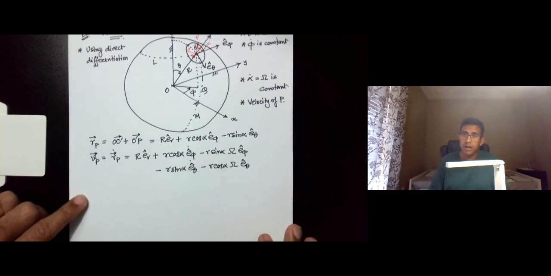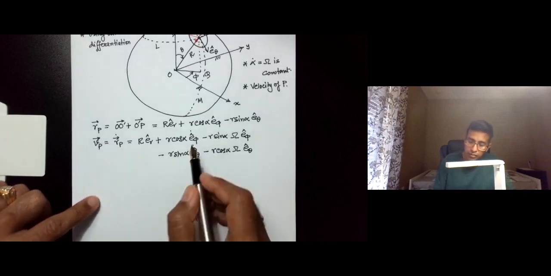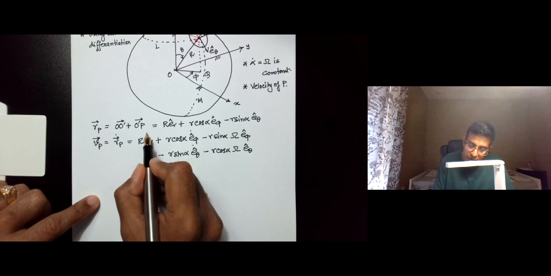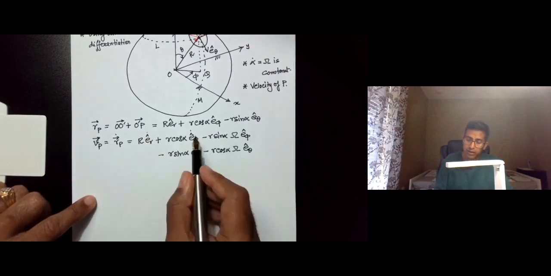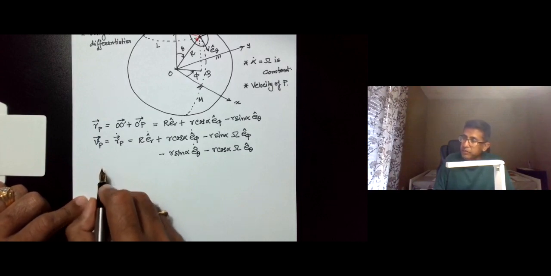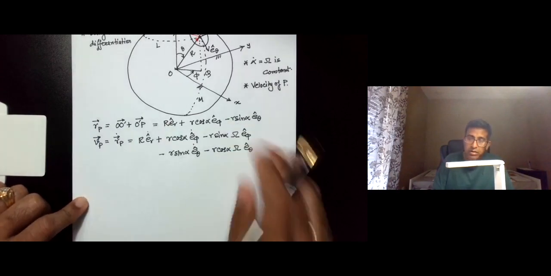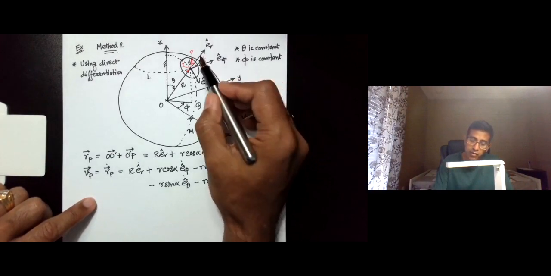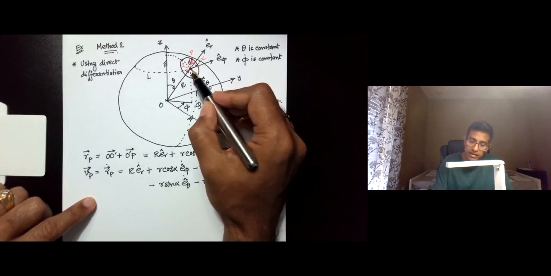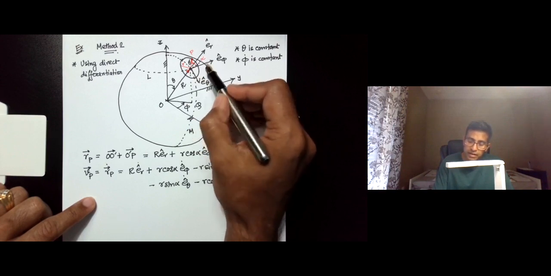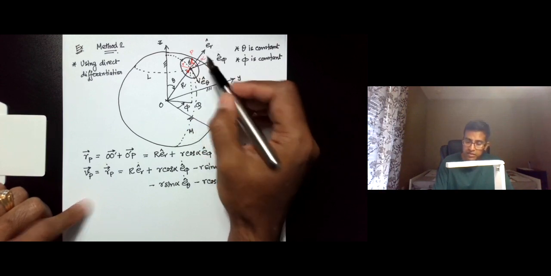Okay, so now what we have to do is we need to figure out what these derivatives are. By the way, this should be R ER dot. We need to figure out what these derivatives are for these unit vectors, and we know that our unit vector triad is such, it's a right-handed unit vector triad where R cross theta gives phi. So ER cross E theta gives phi, E theta cross E phi gives R, and so on.